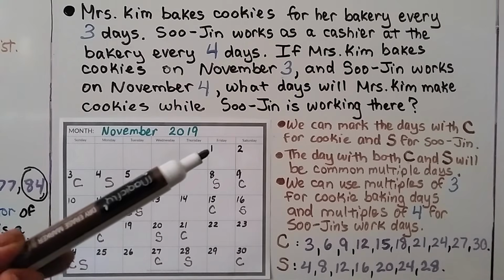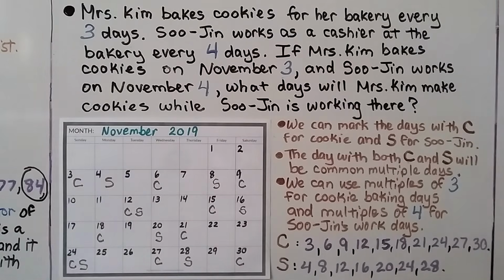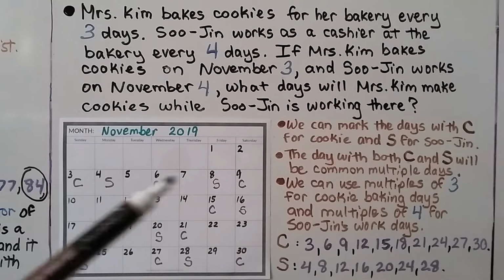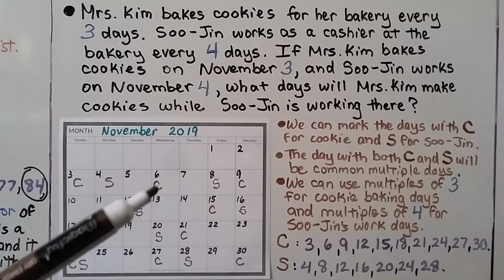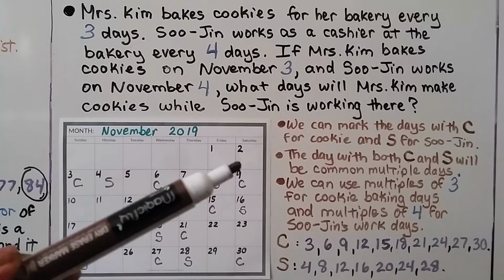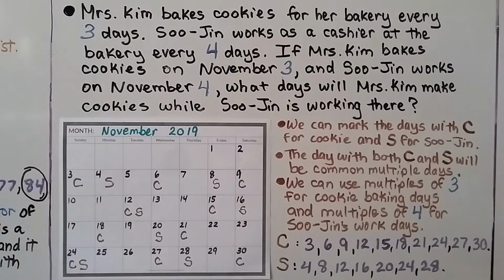If Mrs. Kim baked on the 1st and Sue Jin worked on the 2nd, the number dates wouldn't quite come out the same, and we would have to count every 3rd day, and the numbers may not match, but we could still do it. This worked because she bakes every 3 days and started on the 3rd, and she works every 4 days and she worked on the 4th, okay?